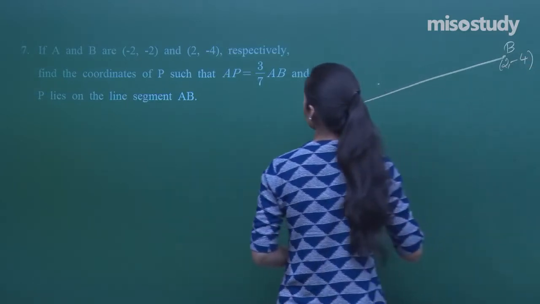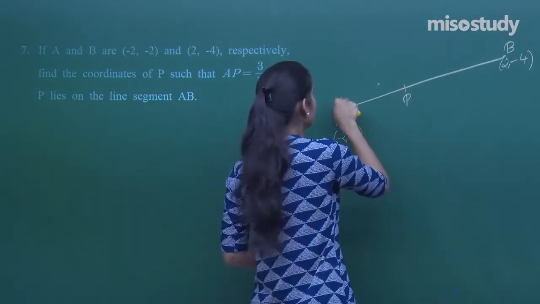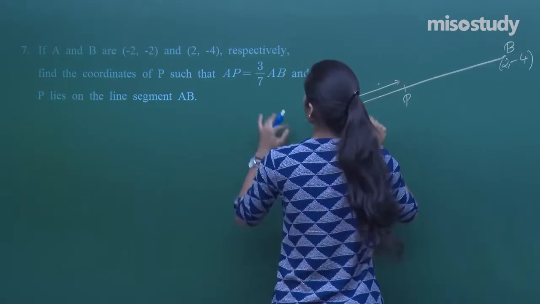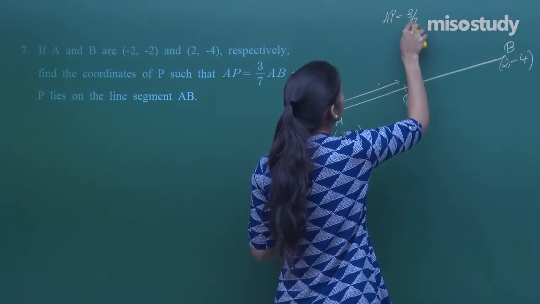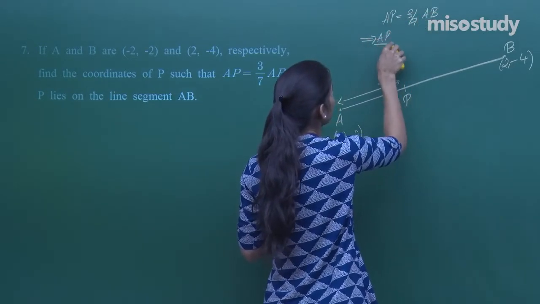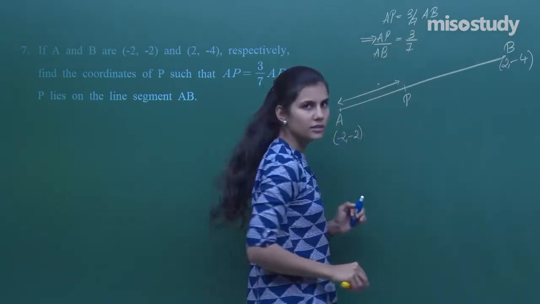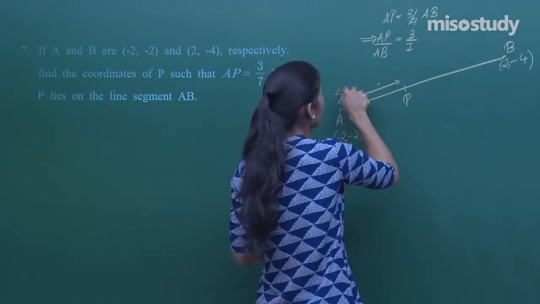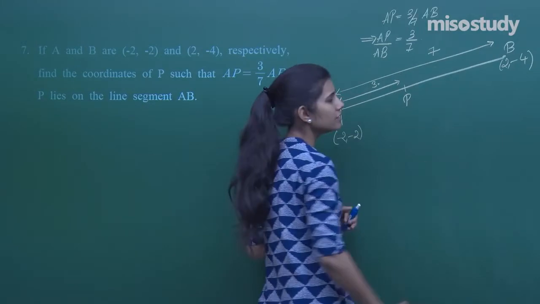It is given that P is lying on AB such that AP is 3 by 7 of AB. Now please understand, this means AP upon AB is 3 by 7.